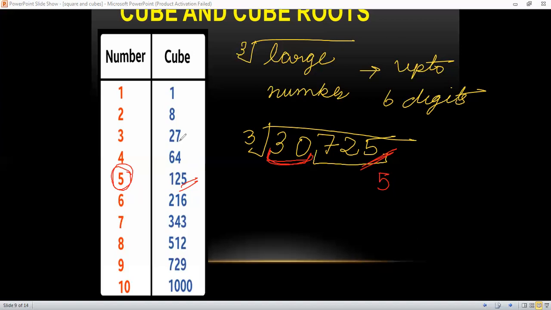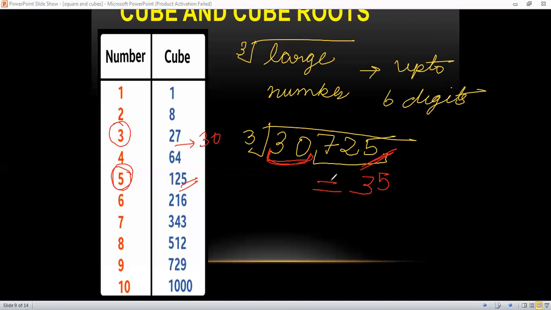Between which two numbers will it come? Here you see between 27 and 64, 30 will come. So I will compare both numbers, 3 and 4, and I will take the smaller number, that is 3. And I will write here 3.